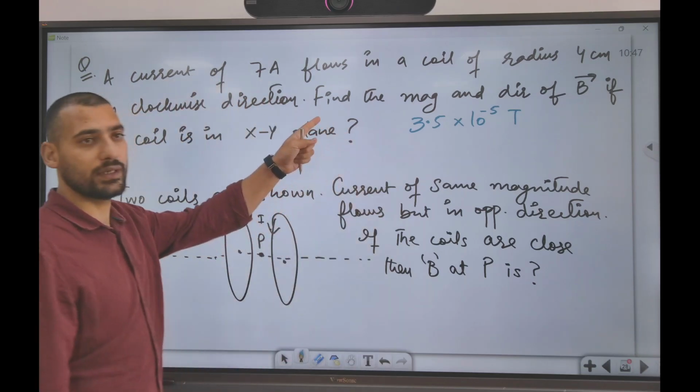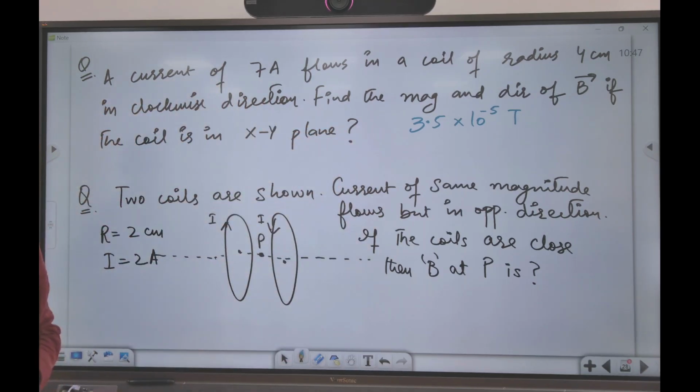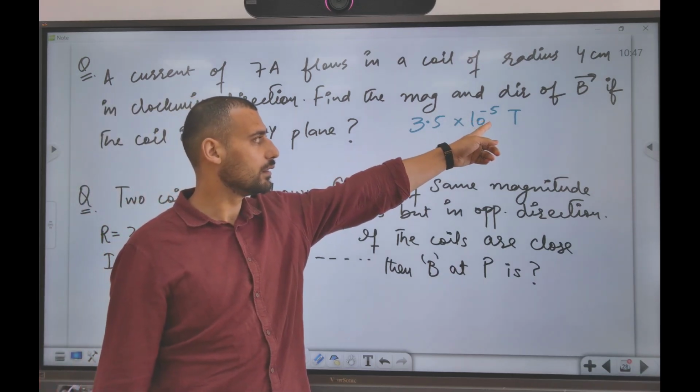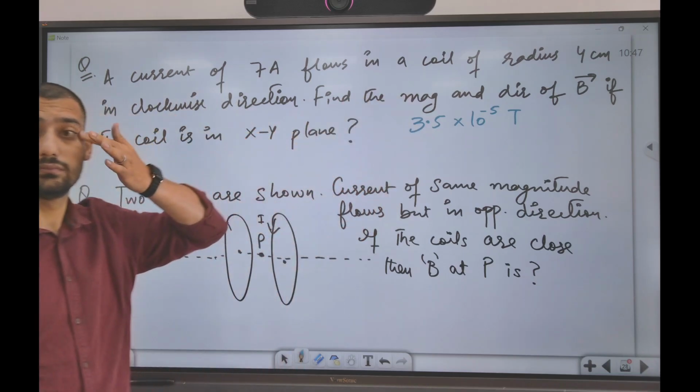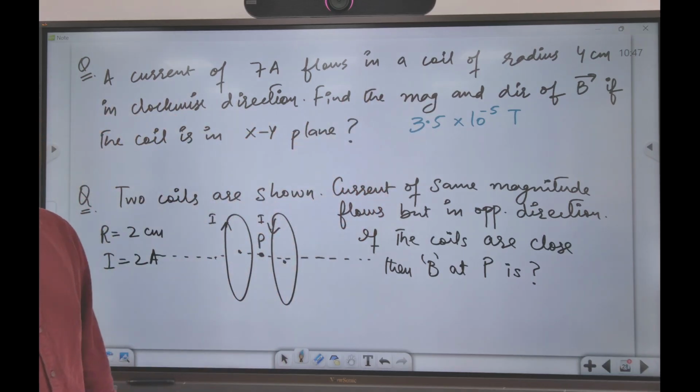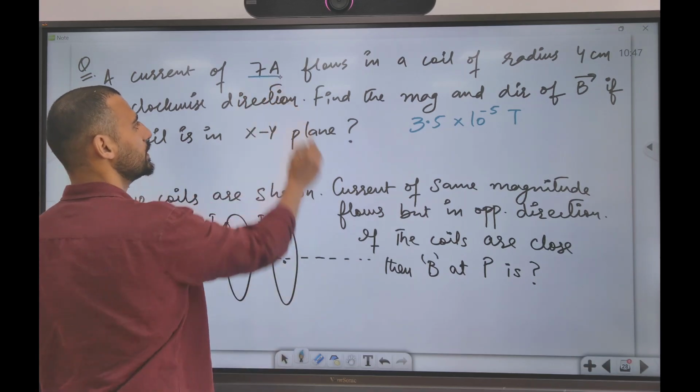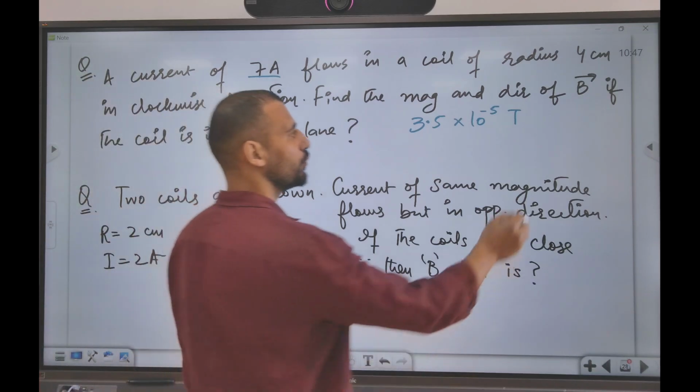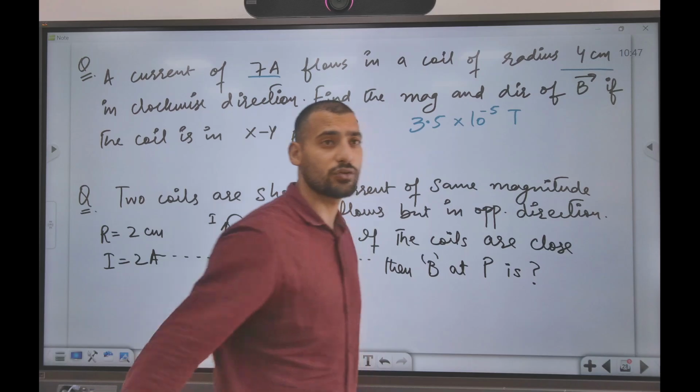Yes, anyone else who got the same value? I got 3.5 times 10 to the power negative 6. I got negative 5? So current is 7 amperes, radius is 4 centimeters, that means 0.04 you have to use.